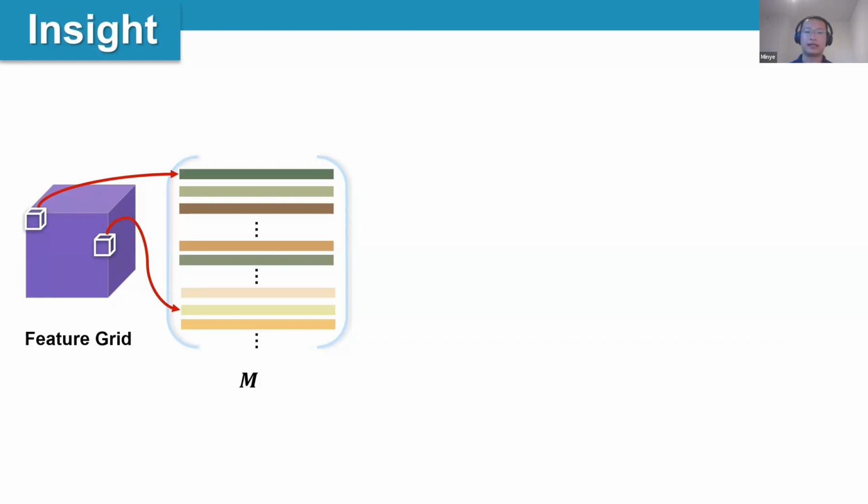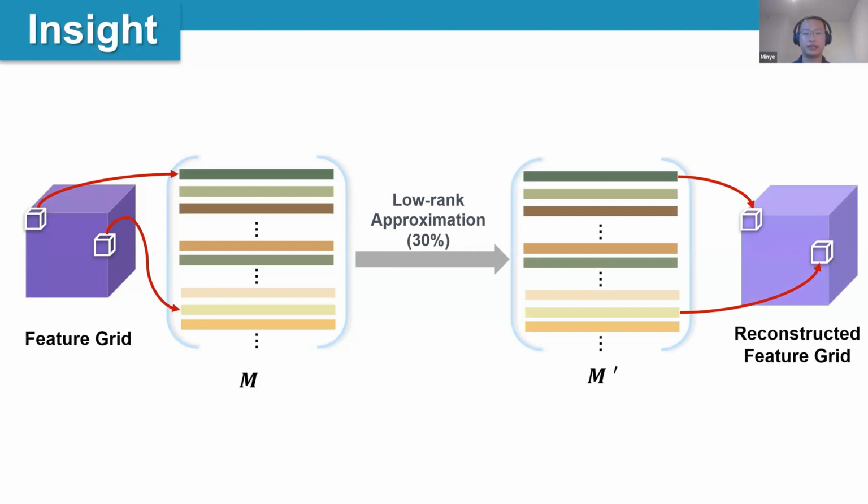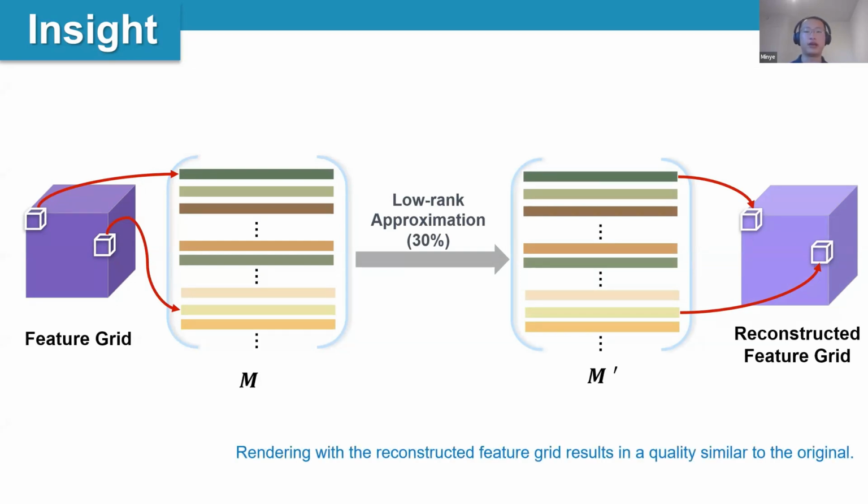These long vectors are arranged into a matrix. Applying singular value decomposition, SVD, to this matrix for low rank approximation has a small impact on the rendered results.